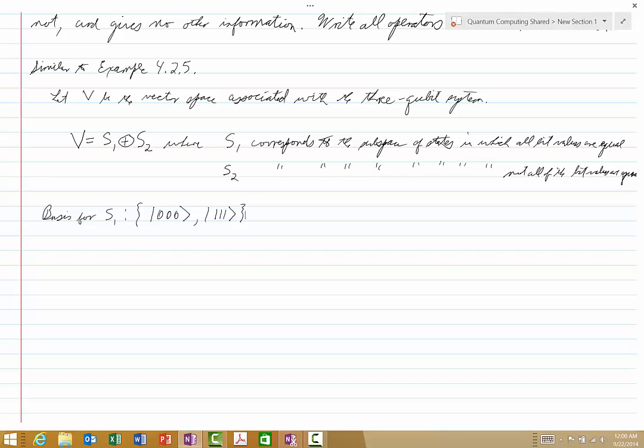And therefore, a good basis for S2 would be the following.